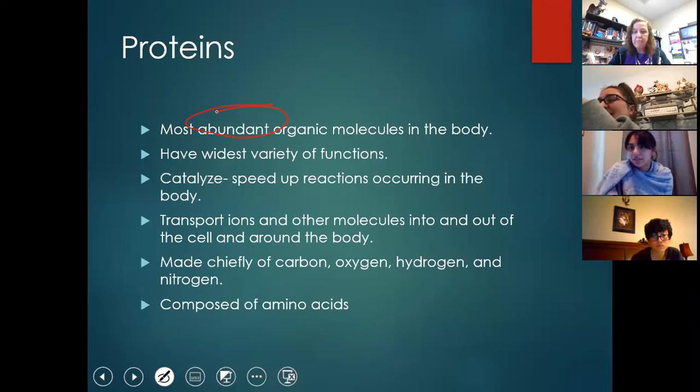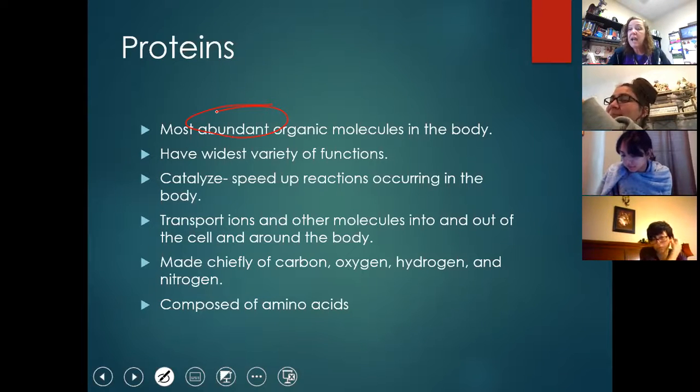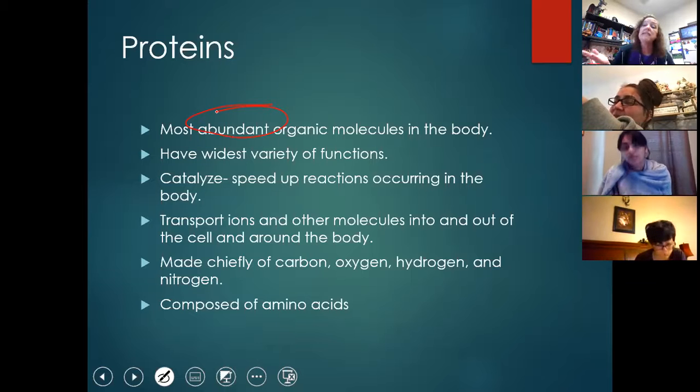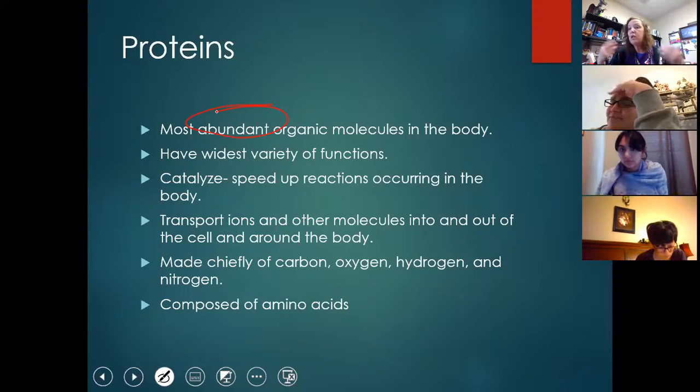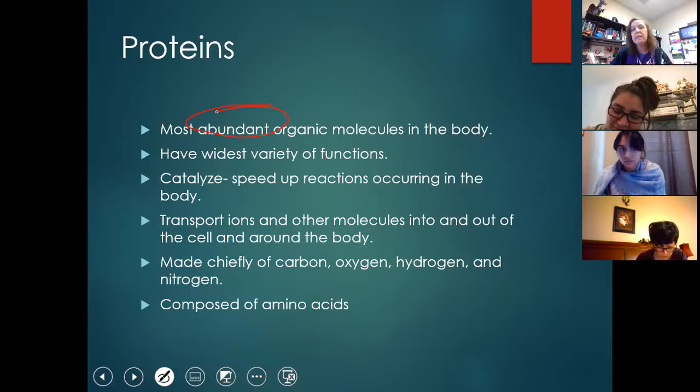I was telling you about cells and how we have a lot of different types of cells in our bodies. And it is proteins that tell the cell how to behave. I mean, your liver cell has to behave very differently than your kidney cell, and your kidney cell has to behave very differently from your stomach cell. So it's proteins that tell the cells how to act and what to do.